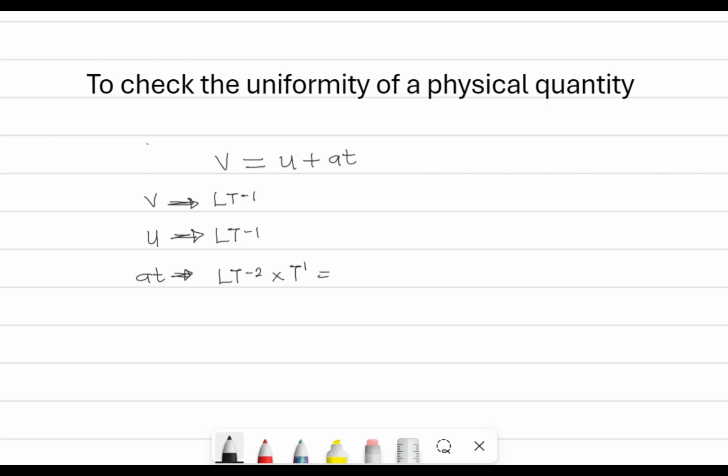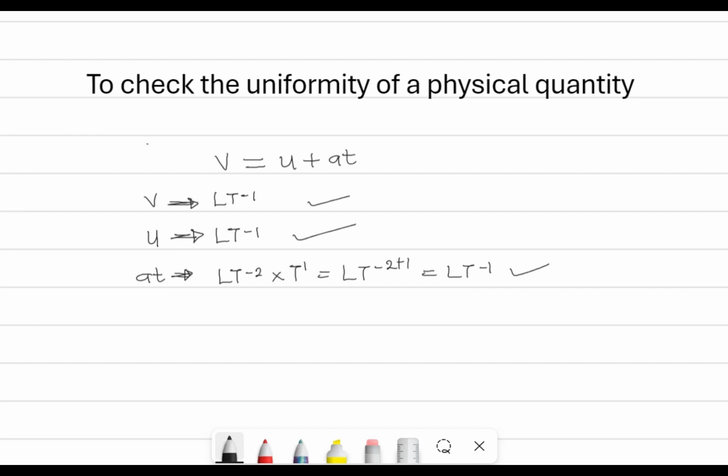By the time we multiply the two of them, it becomes LT minus 2 plus 1, and this becomes LT minus 1. So everything has LT minus 1: V is LT minus 1, U is LT minus 1, and AT eventually gives, when multiplied, LT minus 1. So they are uniform, they are homogeneous, because they give the same dimension.